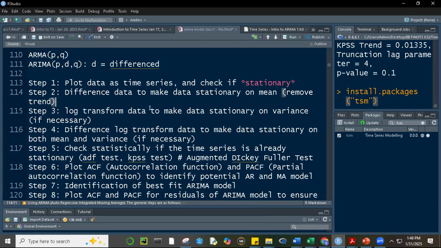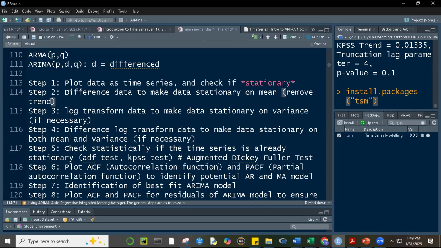Technically, it's best that this comes first, because we learned last time that we do have to log transform first before we get the difference. We cannot get the difference and then get the log transformation.